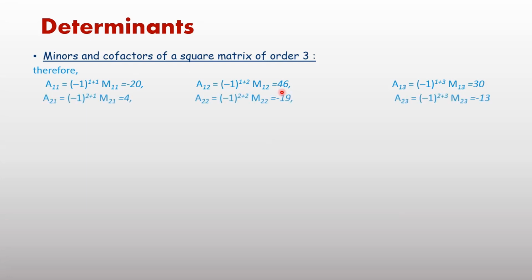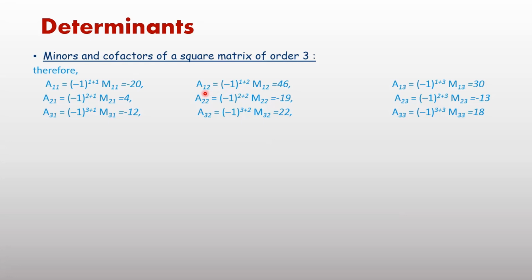Similarly M13, M21, M22, M23, M31, A32, A33. Remember here: A11 value of cofactor is the same as M11.